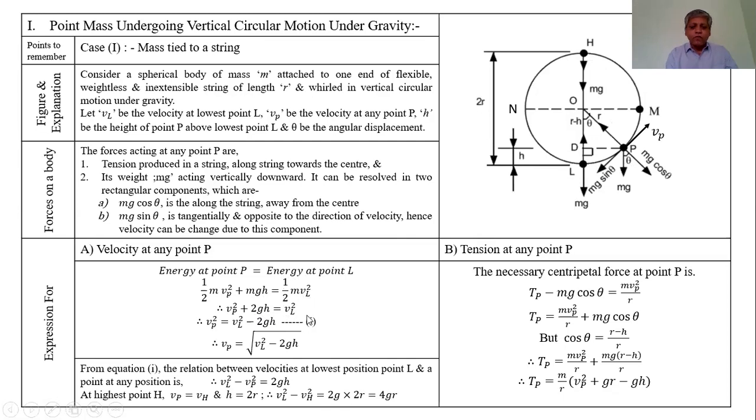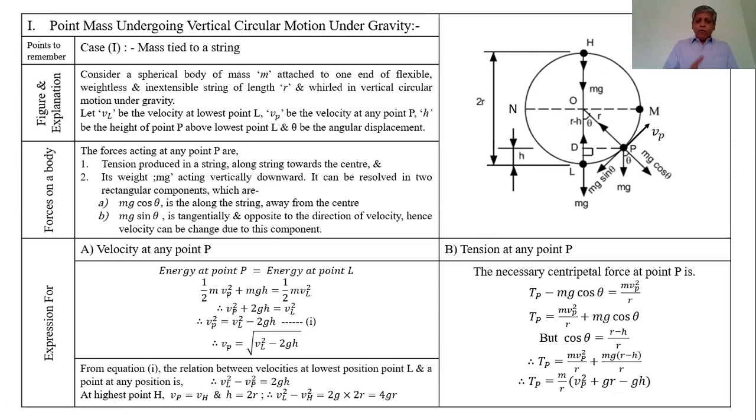So Vp square is equal to VL square minus 2gh. From this we can find the velocity at any point P: Vp is equal to square root of VL square minus 2gh. This is the expression for the speed of the particle in a vertical circular motion.